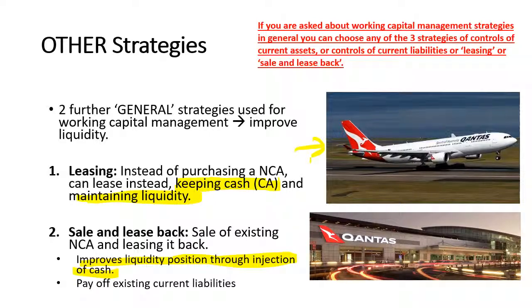Okay? That money I can use to pay off my liabilities. That also improves my liquidity, my working capital management. Only issue here is that we have less assets in the non-current sense, so less non-current assets. And in the long term, I'll need to continually pay for that business now, pay for the lease.